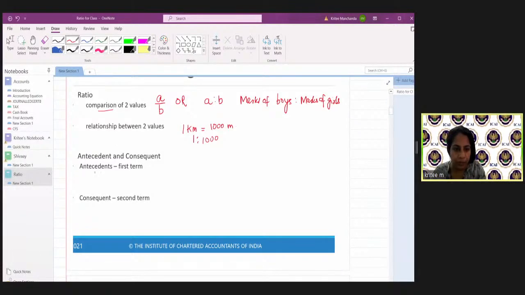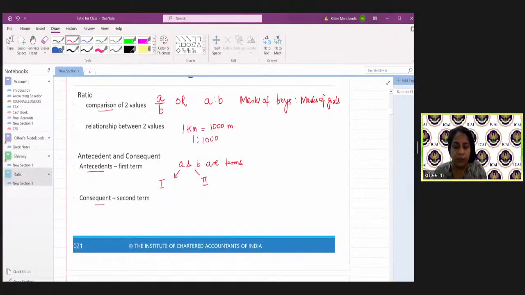So when we are talking about ratios, it has terms A and B, where A works as the first term and B works as the second term. The first term is known as antecedent and the second term is known as consequent.